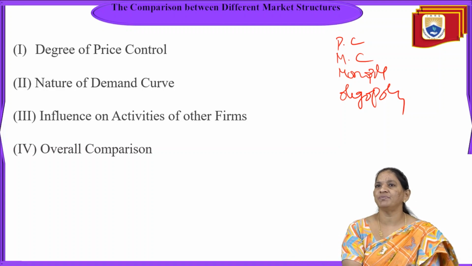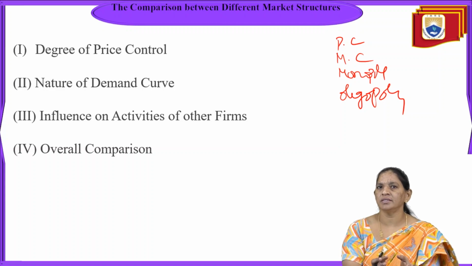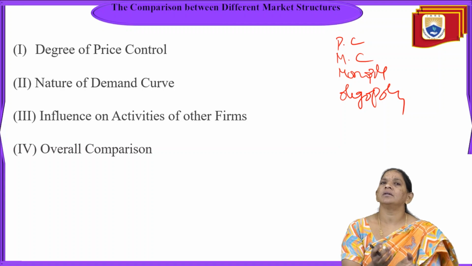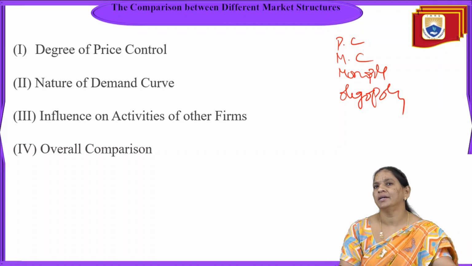As we know, perfect competition is where there are a large number of buyers and sellers, where the price is given by the market, the producer is only a price taker, and the goods are identical and homogeneous in nature.